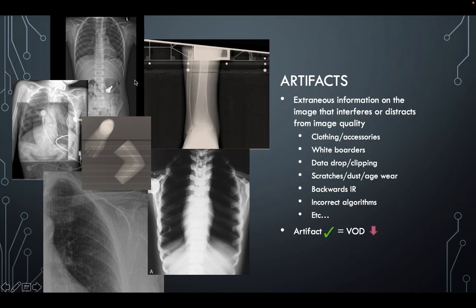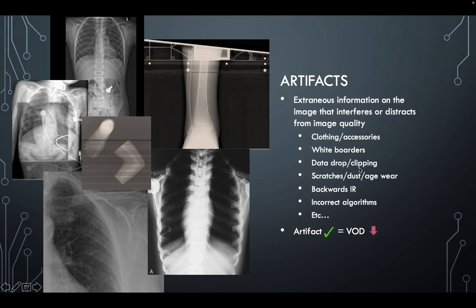If the artifact is like over here and it's not affecting our algorithm or making anything look too out of whack, then obviously I wouldn't repeat that. White borders, we can shutter to get rid of those white borders and allow our system to reprocess the lookup table correctly.